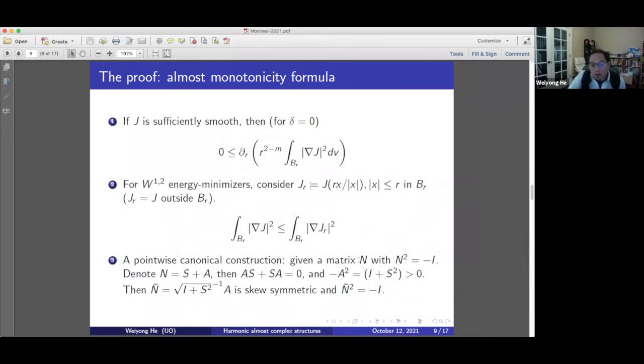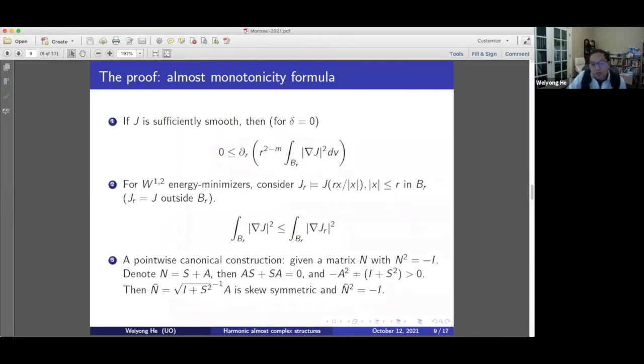Then given an almost complex structure, which is just a matrix with square equal to negative identity, we decompose this matrix into its symmetric and antisymmetric parts. Then using that the square equals negative identity, we find the antisymmetric part and the symmetric part anticommute, so the sum is 0 here.